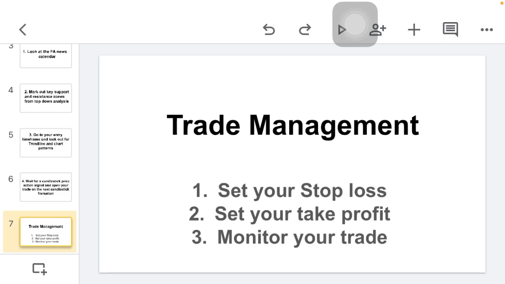Break even simply means you're going to move your stop loss to where the $50 is, so that when the market goes against you and hits your current break even stop loss, you are still going to be in profit, or better still, you will not lose anything. You get? So that is the break even explanation.